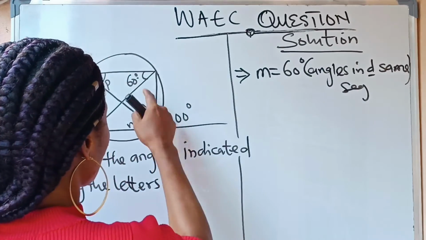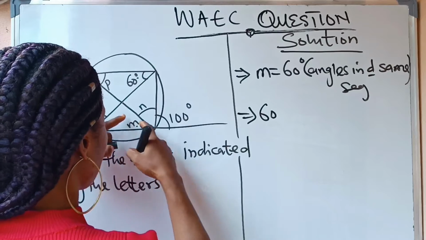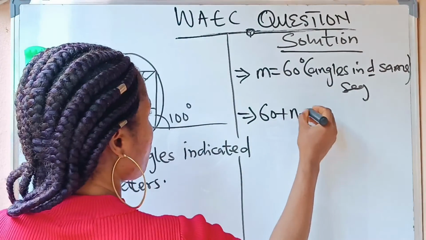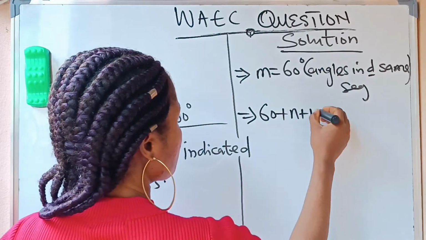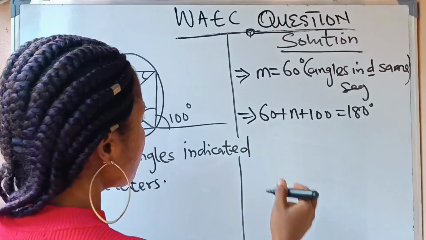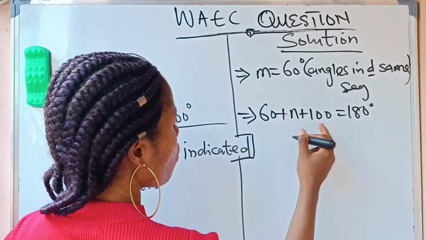I've established that M is 60 degrees. So to get N, we say 60 degrees, which is our M, plus N plus 100 is supposed to give us 180 degrees. 60 plus 100 is 160.